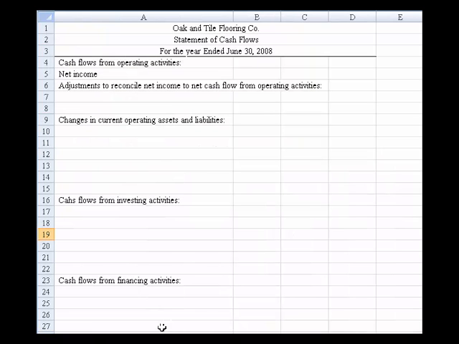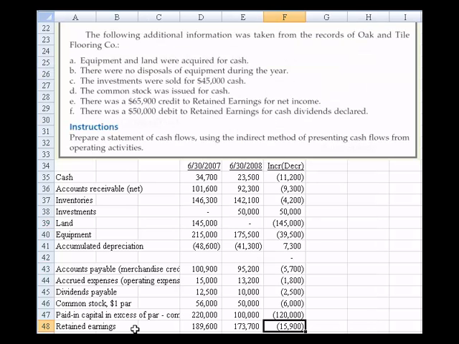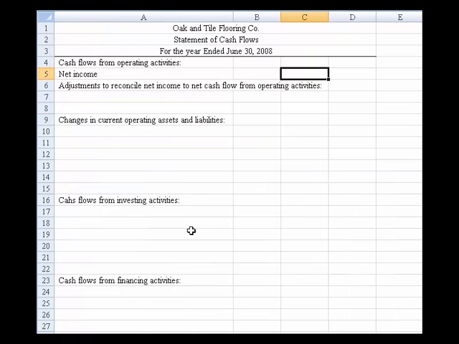Now, to save time, I've also put a little bit of this statement on the screen in front of us. So we've got to come up with the Oak and Tile Flooring Company statement of cash flows. We always start with net income, and they told us there was a $65,900 credit to retained earnings for net income. So let's drop in that $65,900 because we know that value.